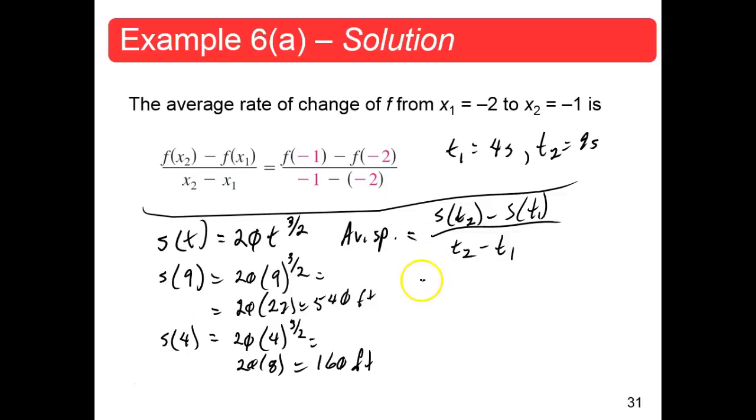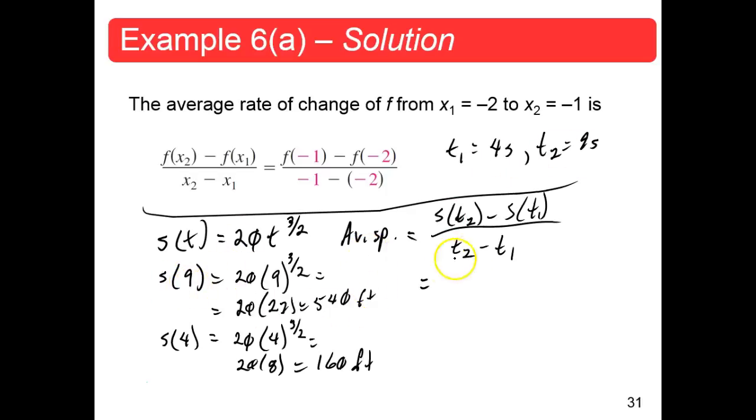And what is our average rate, or average speed then? You've done the hard work. What is this part? Plug in, yeah. S of T2, T2 was 9.